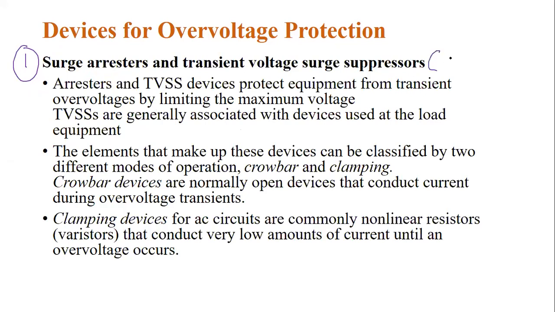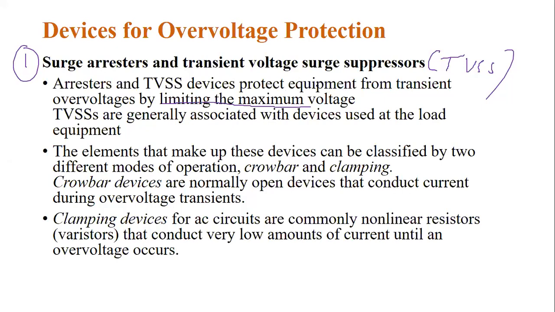Now we can also call it a TVSS, transient voltage surge suppressor. What these devices do here is simple: they can divert or limit the maximum voltages associated with the lightning, or simply divert the huge amount of surge current. Simple.